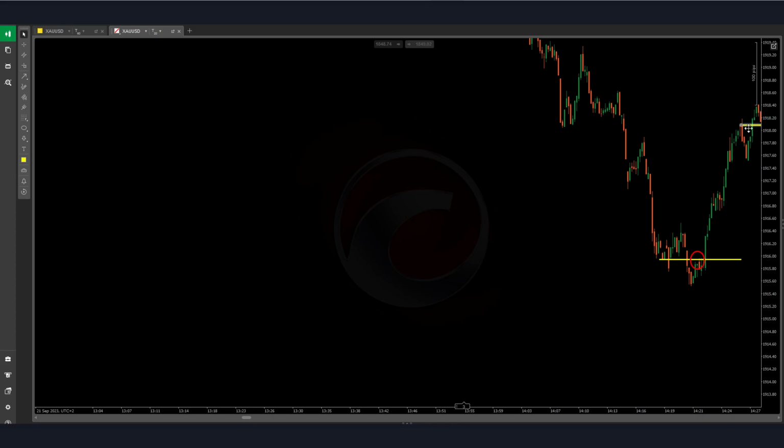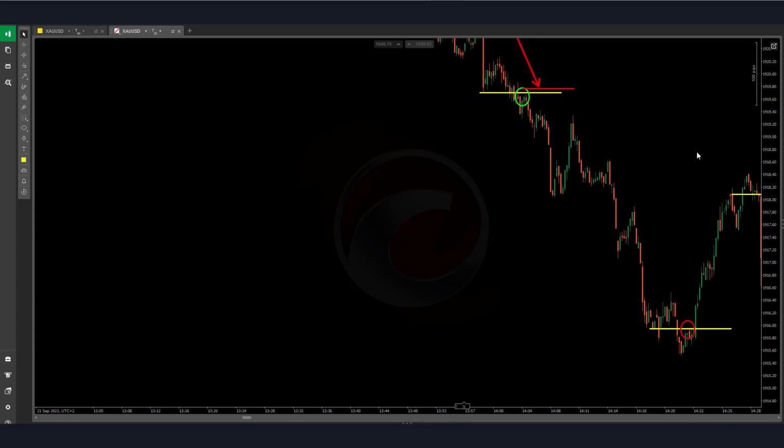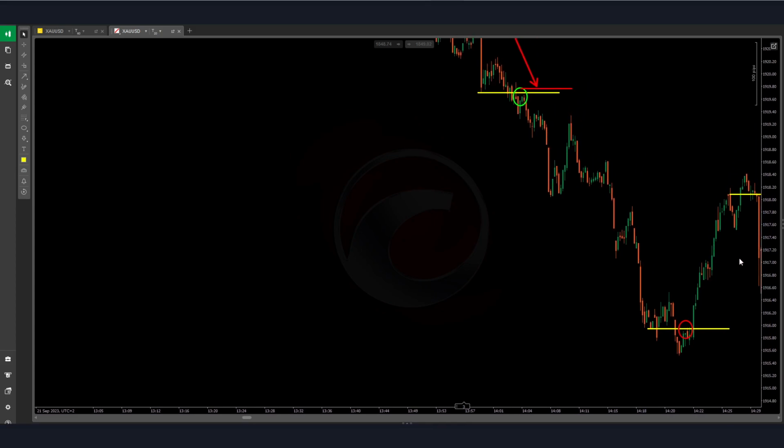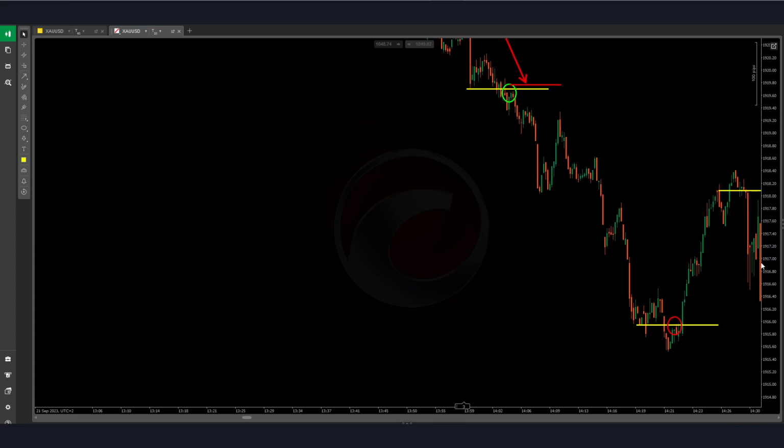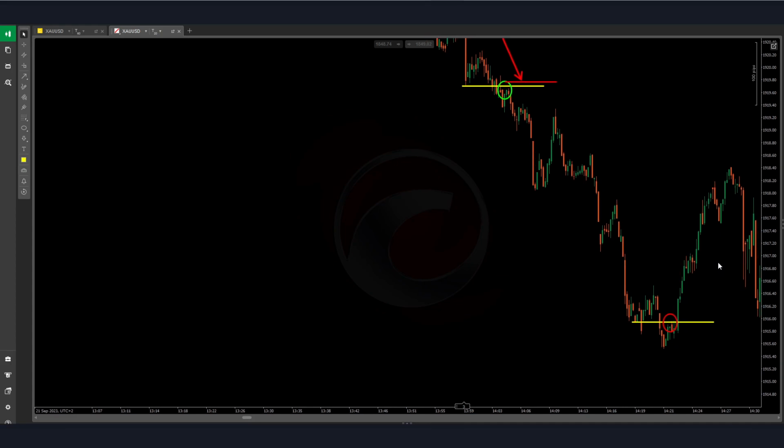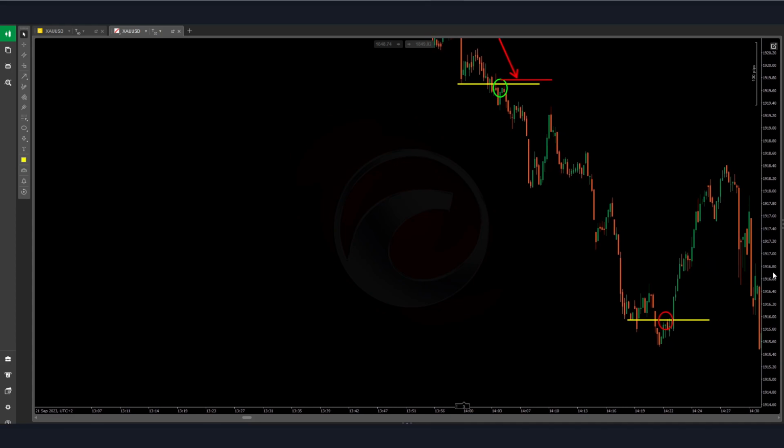Now we have a breakout of these highs, and then we probably have news at 8:30. So we will not enter that close as a time, and I don't know about the news, so I would want to see some clear price action over here.